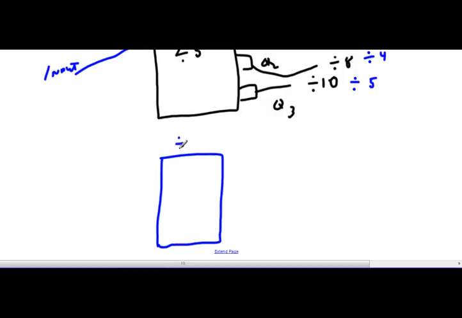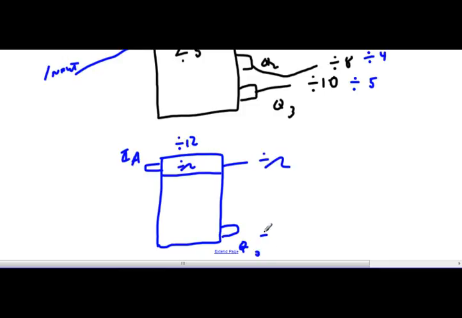So we could have a divide by 12 counter. All right. And if we did, we'd have a top half, which would be a divide by 2. We could have input A coming in. And coming out, we could have divide by 2. And then coming out at the bottom would be QA. We don't want QA, Q3, Q being the output.